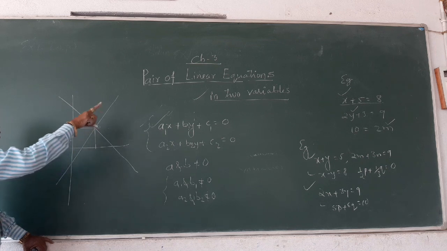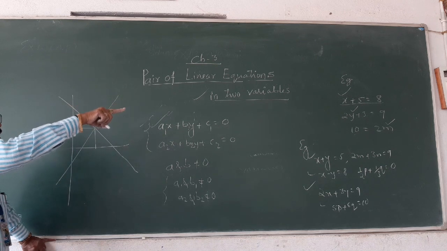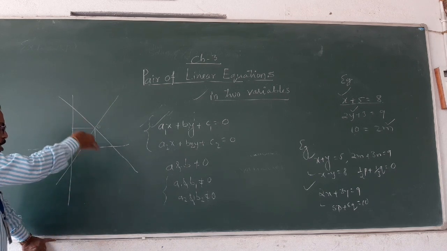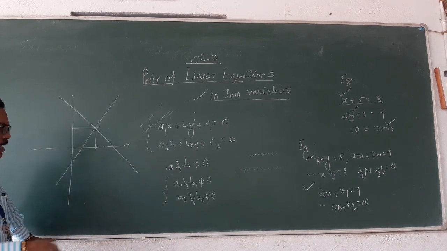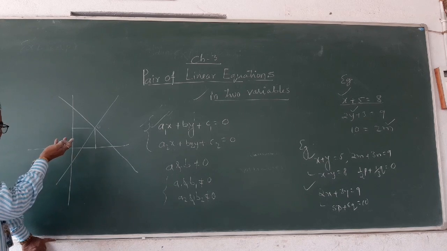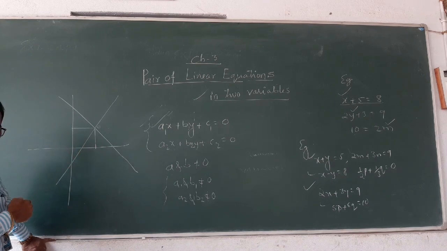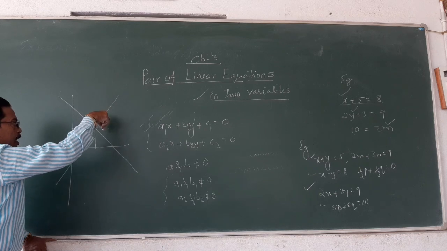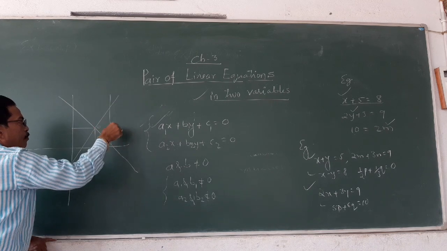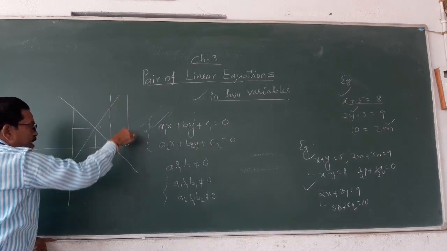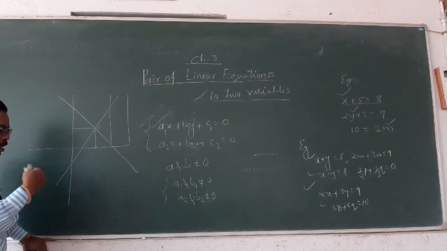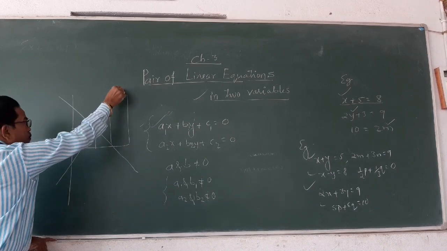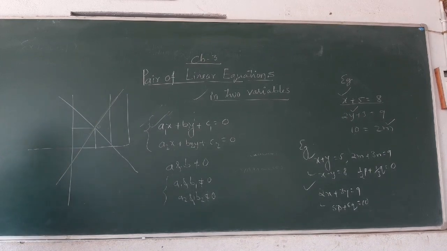So this type of equations are a pair of linear equations in two variables. Two graphical lines can intersect each other or may not intersect. If we plot the graph, we may get the graphical representation as parallel lines, or as coinciding lines.